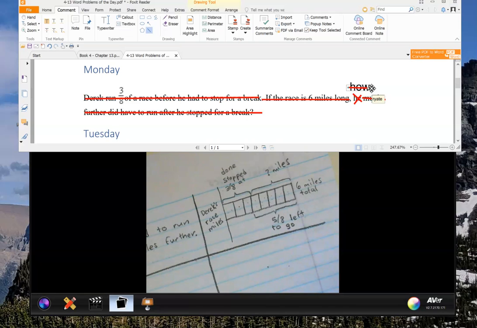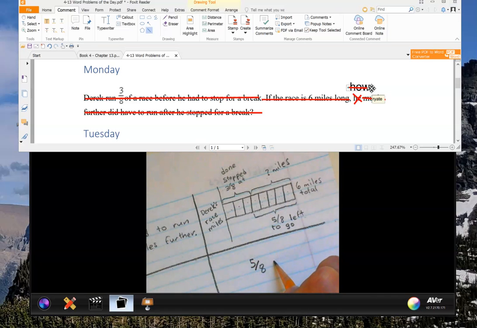Now my expression, I could do it a couple ways, but the way I'm going to choose is I'm looking here and I really want to know this 5/8. What is 5/8 of 6 miles? That'll get me my question mark here for the number of miles. When I hear that word of, when I say it out loud like that, 5/8 of 6 miles, I'm going to go ahead and set up an expression. 5/8, and of, which is multiply.